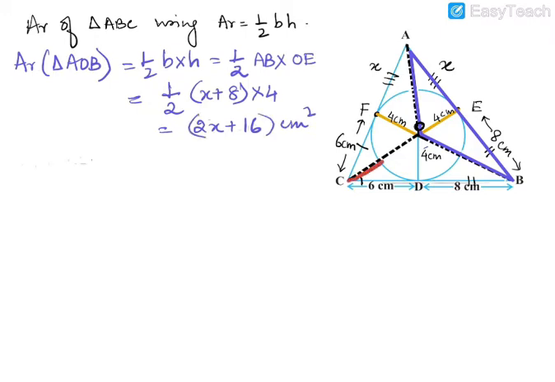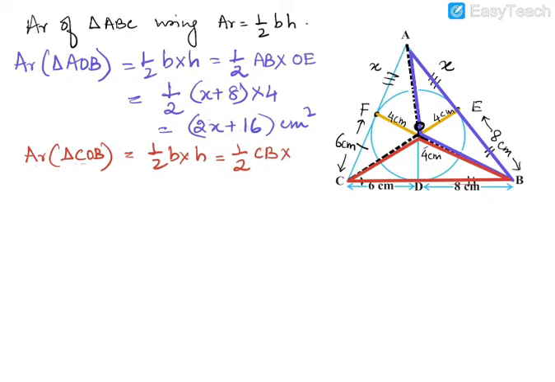Now we will find the area of triangle COB. Base of this triangle is CB and the height is OD. So substituting these, we get half into 14 into 4, which is equal to 28 centimeters square.